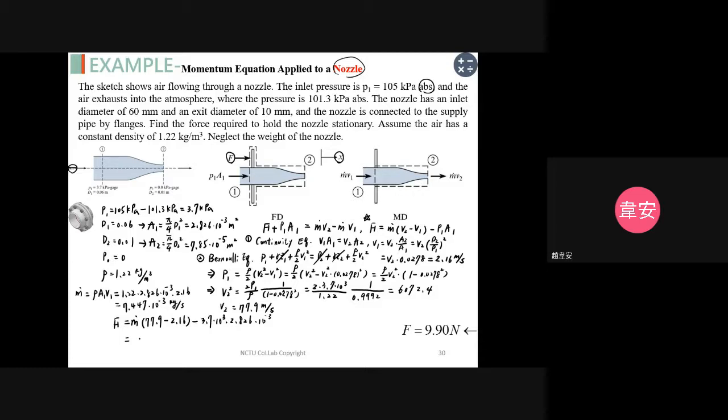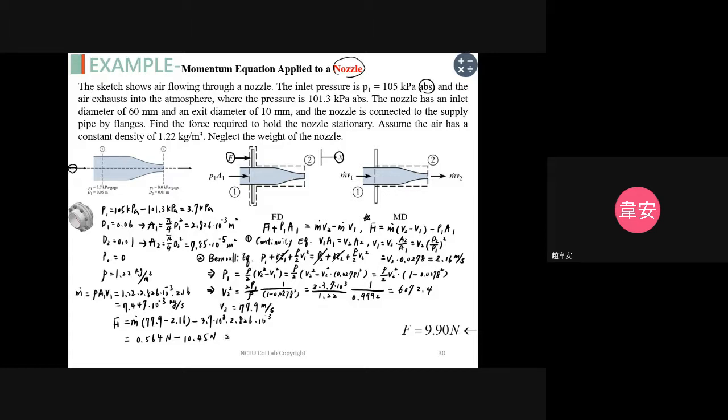This is equal to 0.564 newtons, minus here is the 3.7 multiplied by 1000 multiplied by 2.826 divided by 1000, which is equal to 10.45 newtons.